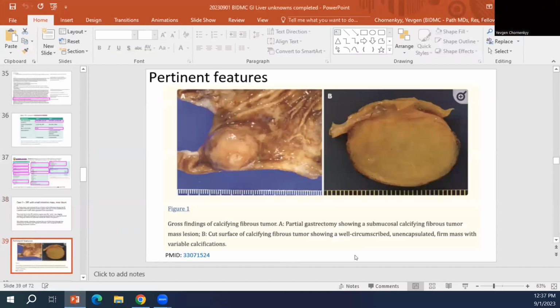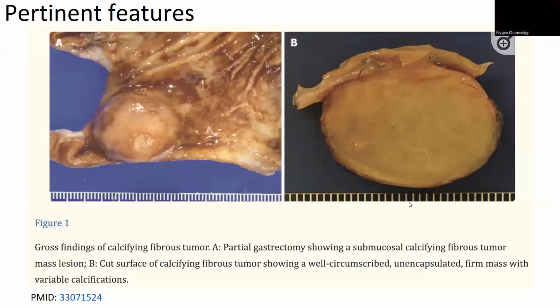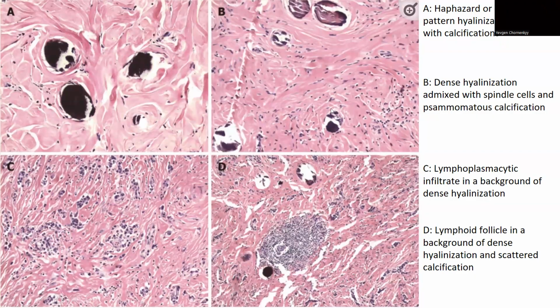So let's talk about some of these. This is apparently a rare tumor. Grossly, it's hard, fibrous and calcifying, and this is from this PMID right here. Histologically, from that paper, there are psammomatous dystrophic calcifications, dense hyalinized collagen deposition, and there could be some plasma cell lymphocytic inflammation, which there was.